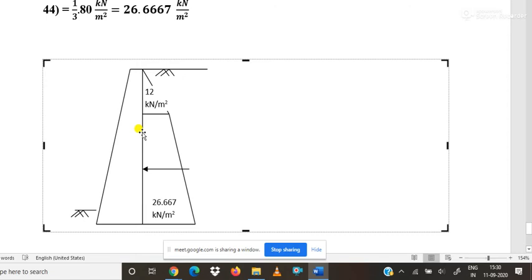And another thing, there is not only soil, but at the second layer below the 2 meter depth, there is a layer of water.